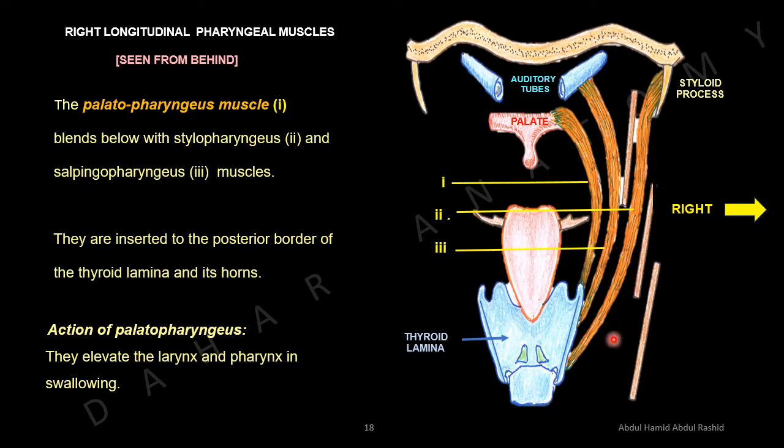They come down and are inserted along the posterior border of the thyroid lamina and their horns, superior and inferior horns. The action of the palatopharyngeus muscle is to elevate the larynx and pharynx in swallowing.